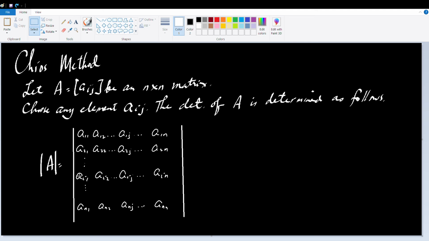So determinant of A, this is the notation for the determinant, and we have the elements. We have chosen Aij as our element. We will be deleting the ith row and the jth column.